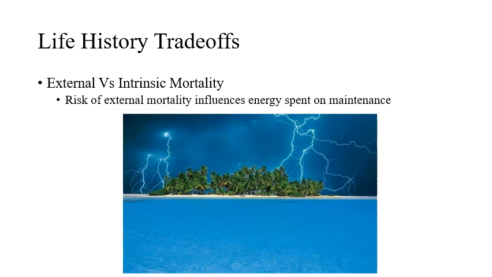Intrinsic mortality is something that you do have control over. How much energy do you put towards your immune system, right? If you put a lot of energy towards maintaining your immune system and fighting cancer and stuff like that, you're going to have a longer life, but that's less energy that you can put towards reproduction. So everything is a trade-off, right?